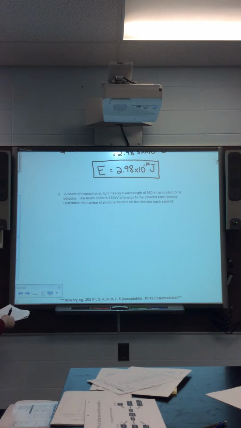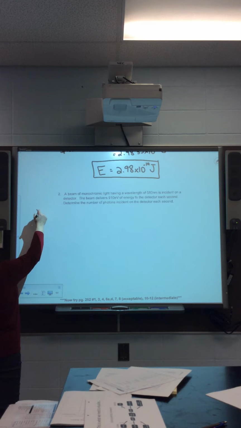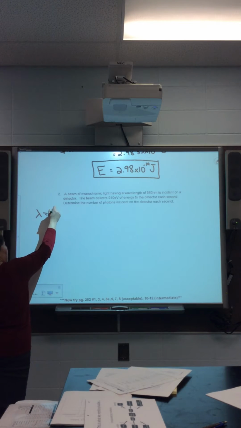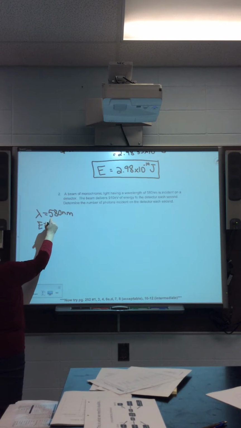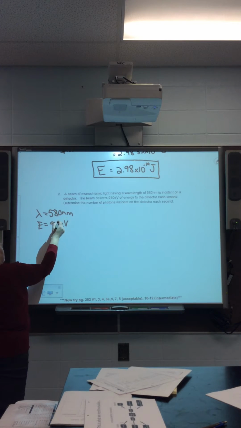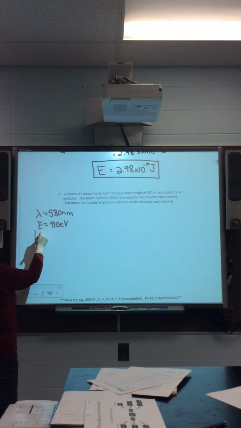A beam of monochromatic light, monochromatic being of one color, having a wavelength of 580 nanometers, is incident on a detector. The beam delivers 910 electron volts of energy to the detector each second. Determine the number of photons incident on the detector each second. So our information that we have is 580 nanometers, energy equals 910 electron volts, Planck's constant.